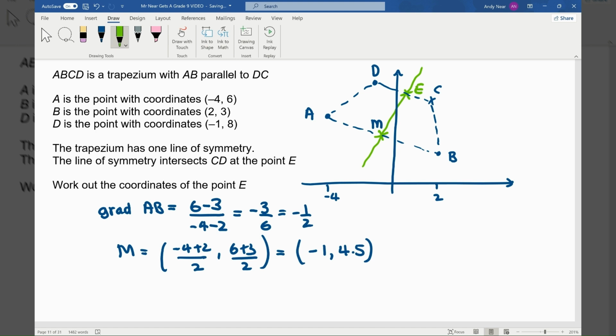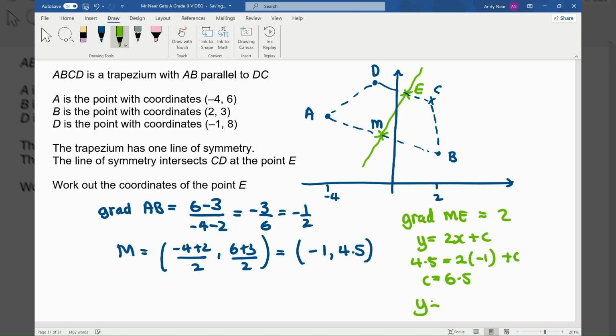So the gradient of M to E is going to be the negative reciprocal of a half, which is 2, which means it's going to be y equals 2x plus something. And we know that this line has to go through the point M. So when y is equal to 4.5, x is equal to -1, and this tells me that c is 6.5. So the equation of the green line is y equals 2x plus 6.5.